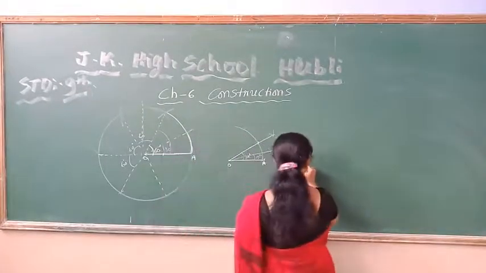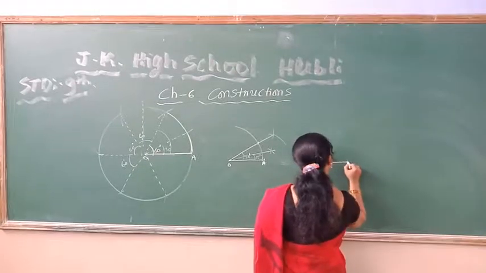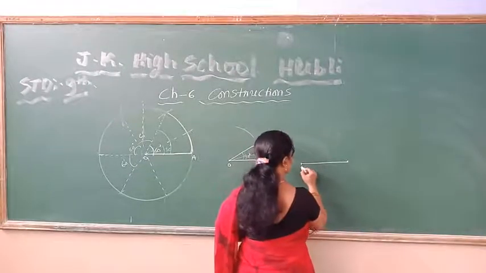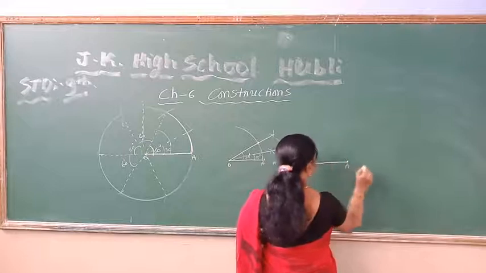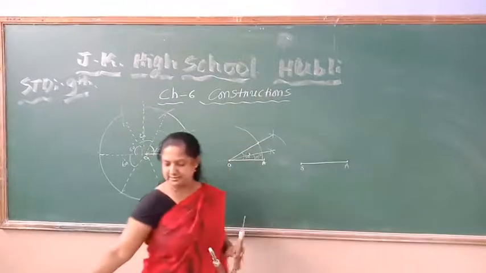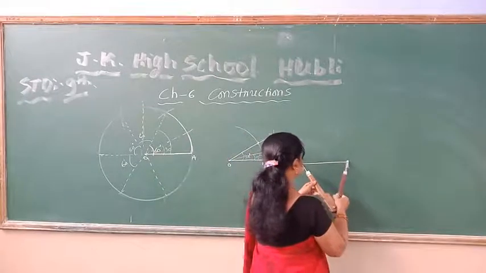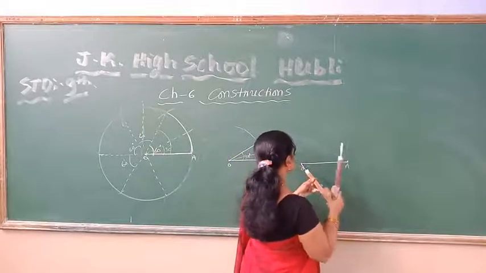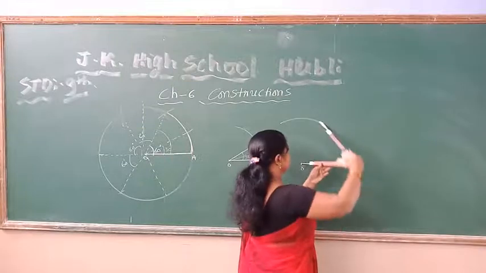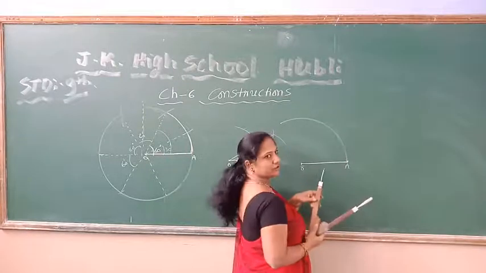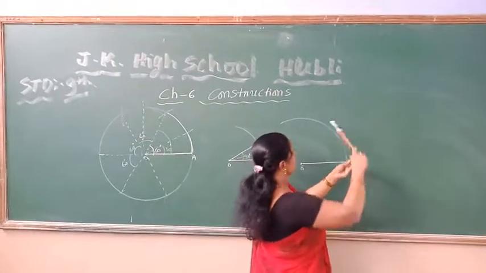90 degree means you draw one ray OA, approximately one radius. With the same radius you take it and draw half of the semicircle. Semicircle you will draw. Okay, 60 degree over.